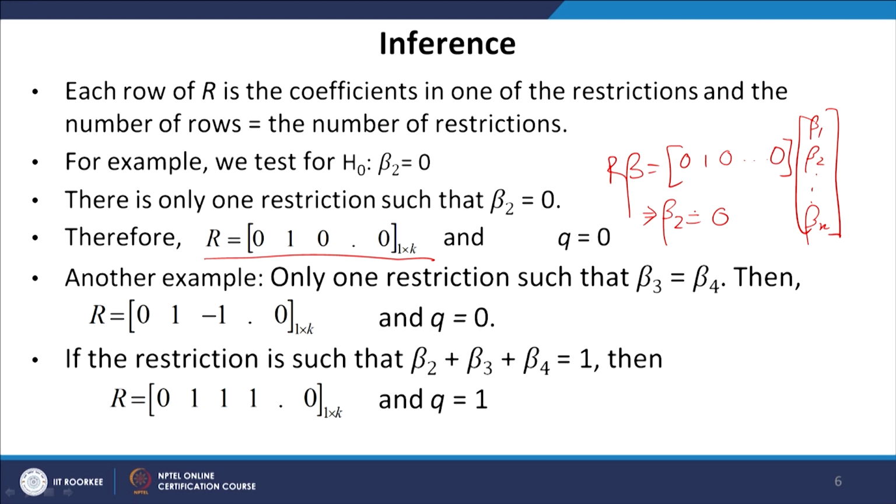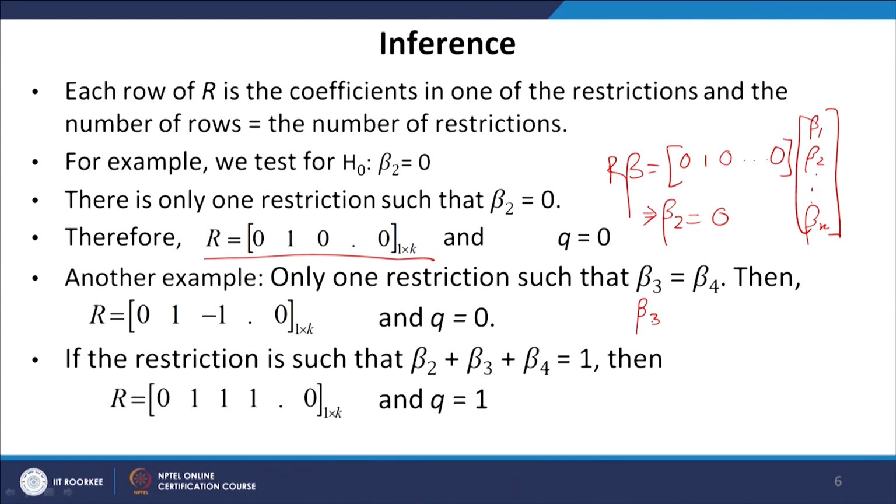Similarly, if we have a restriction such that beta 3 equals beta 4, which can alternatively be written as beta 3 minus beta 4 equals to 0, then R is written in this format. Again we have only one restriction, and that is why there is only one row in R, and when I multiply R by beta in this format, I will have beta 3 minus beta 4 equals to 0.